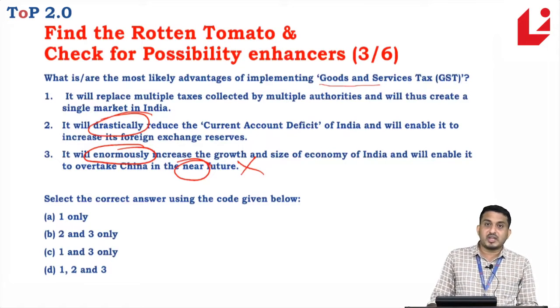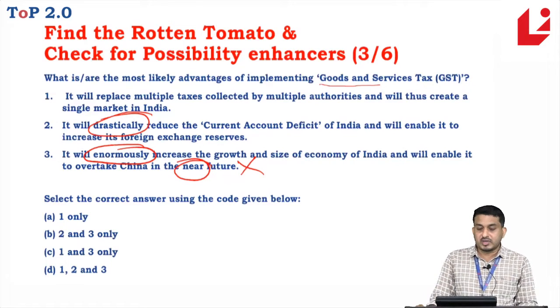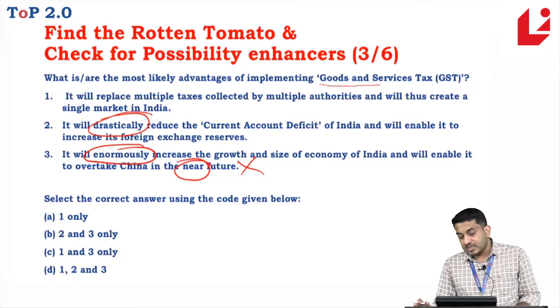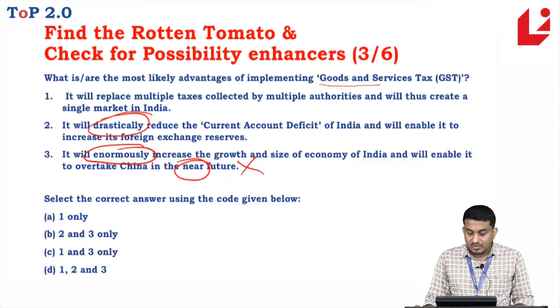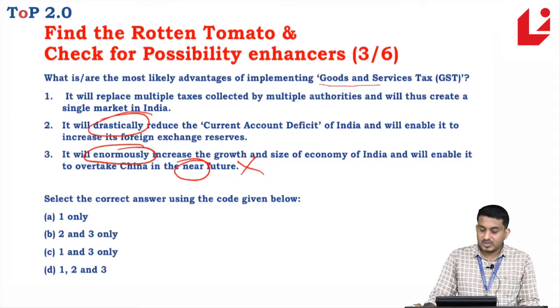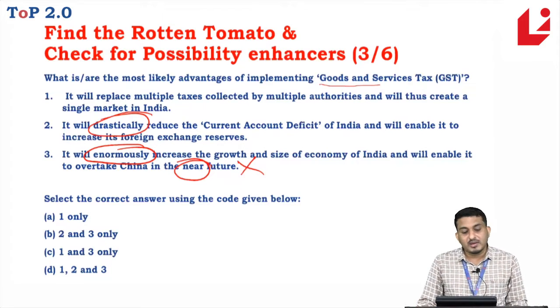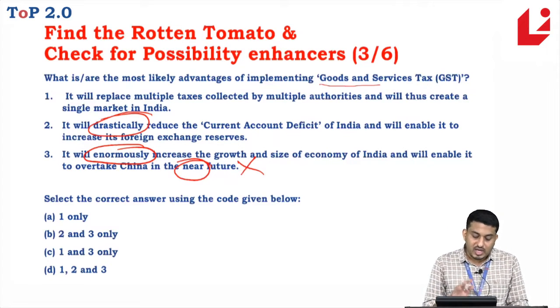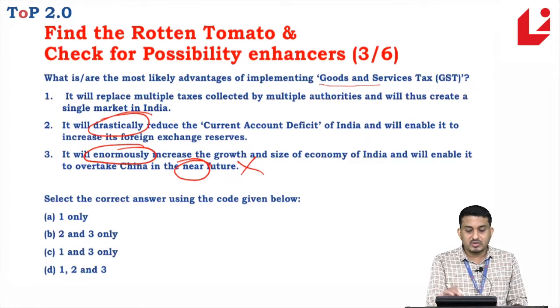So you cannot say there is a drastic increase or a drastic decrease. Sometimes in some cases because of GST, trade can be better and have some effect on the current account deficit. Then the statement becomes controversial. So what has the examiner done? The examiner has added drastically in order to avoid controversy, to make sure that this statement is wrong in every possible way. So this is also wrong.